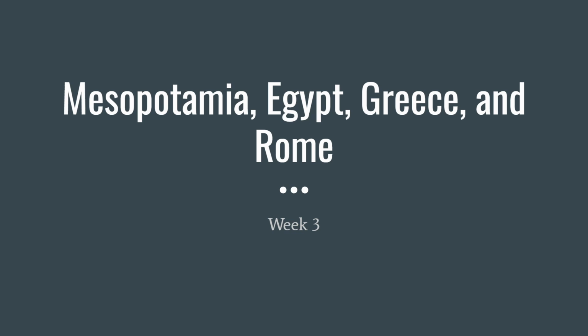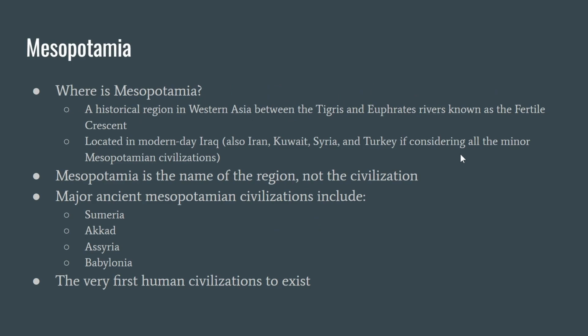Today we're going to talk about Mesopotamia, Egypt, Greece, and Rome. Okay, let's get right into it. First we're going to talk about Mesopotamia. These 4 civilizations, I'll be talking about them in order.